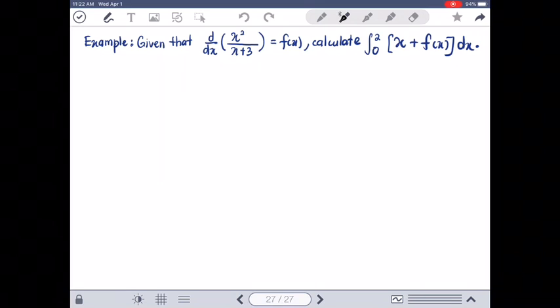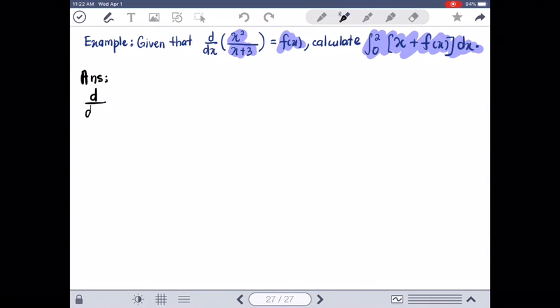Okay, now let's go to a slightly difficult question. Given that when we differentiate this function, when we differentiate x squared over x plus 3, we will get f x. Calculate this value here. Okay, how to answer this question? If we differentiate x squared over x plus 3, we will get f of x.